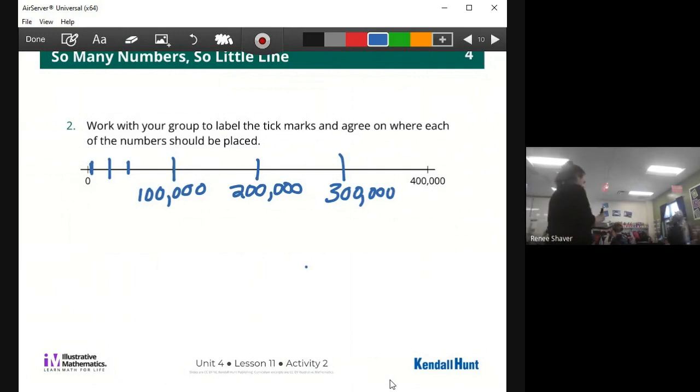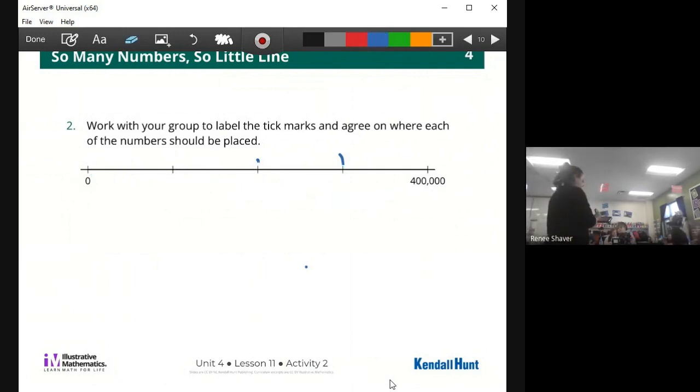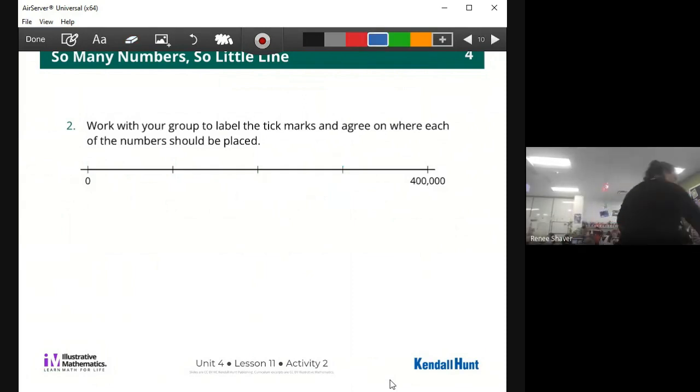And also listen to me. Okay. So for this activity, before you can do anything, you have to decide, how am I going to label my tick marks? There's basically 3 of them, right? What could you count by so that you land on 400,000?